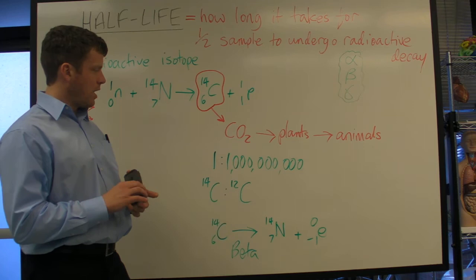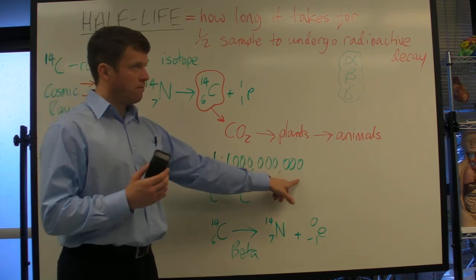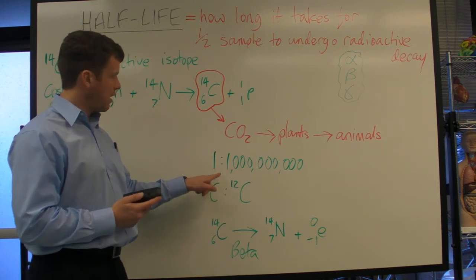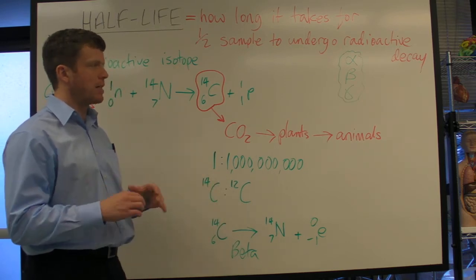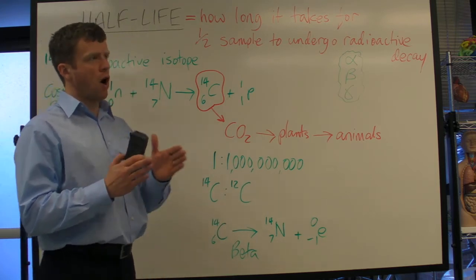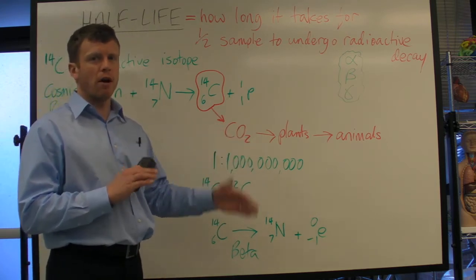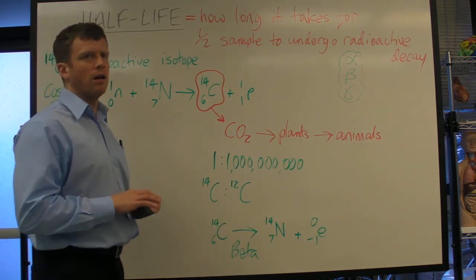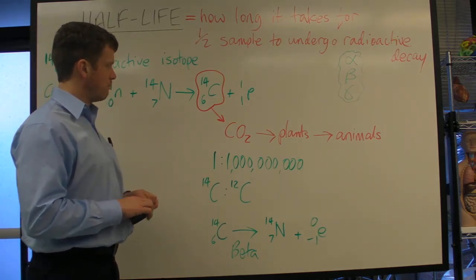For every this many nanograms, there's only 1 nanogram of the carbon that's radioactive. So a really tiny amount. It's really difficult to detect, and that's why it's not accurate beyond a certain time frame. Most sources say 50,000 years.